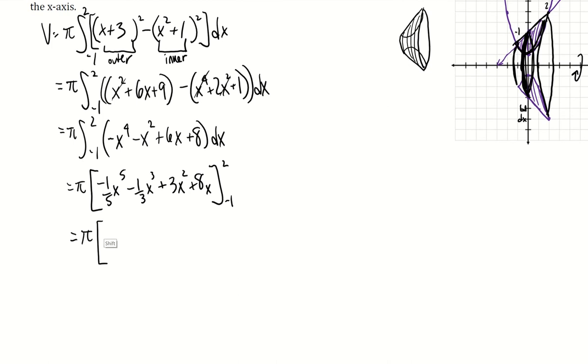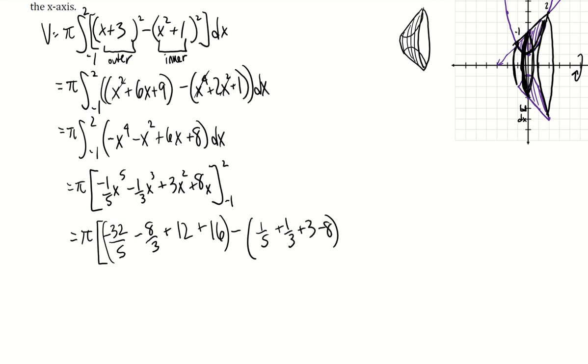So if I plug in 2, that's negative 32 fifths minus 8 thirds plus 4 times 3 is 12 plus 8 times 2 is 16, minus, plug in negative 1, you get positive 1/5, positive 1/3, positive 3, negative 8.